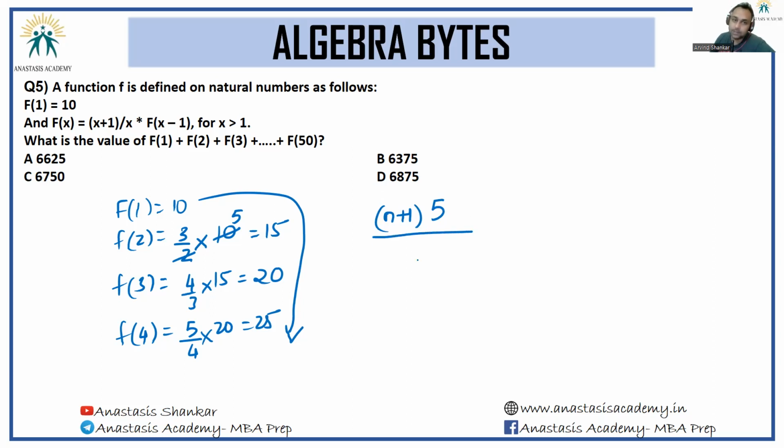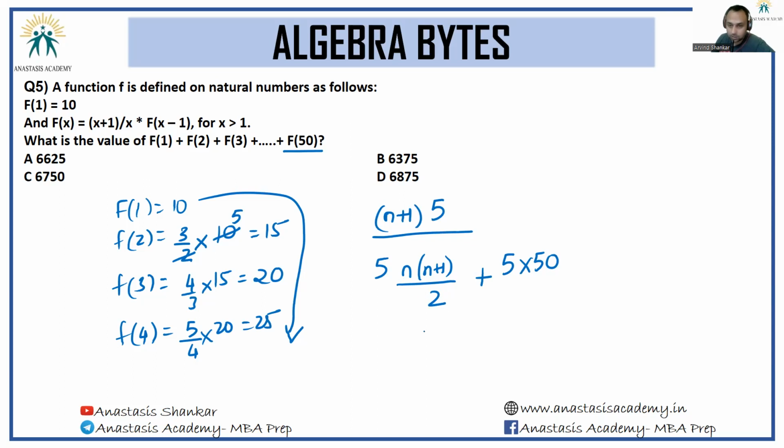Now, if this is the general term of the AP, and I have to find the sum up till 50 terms, all I have to do is 5 times n into (n plus 1) by 2 plus 5 into 50. This is what I need to do.